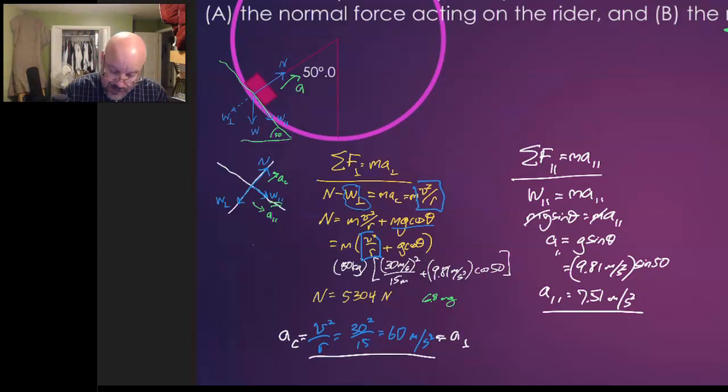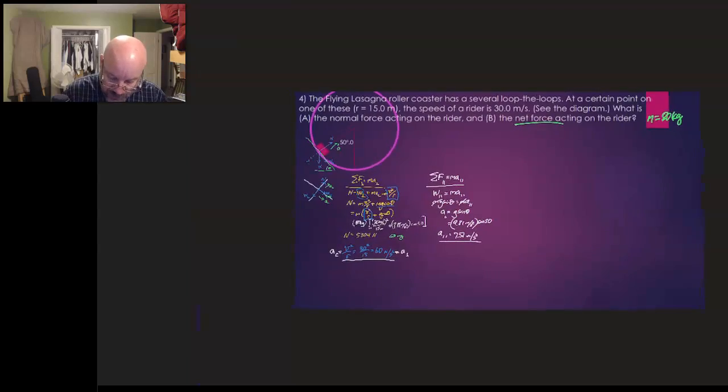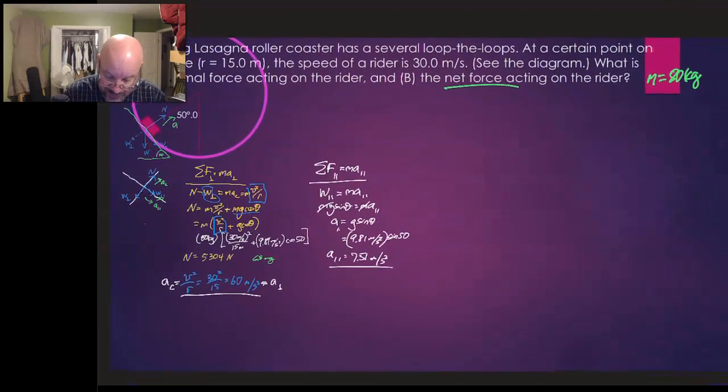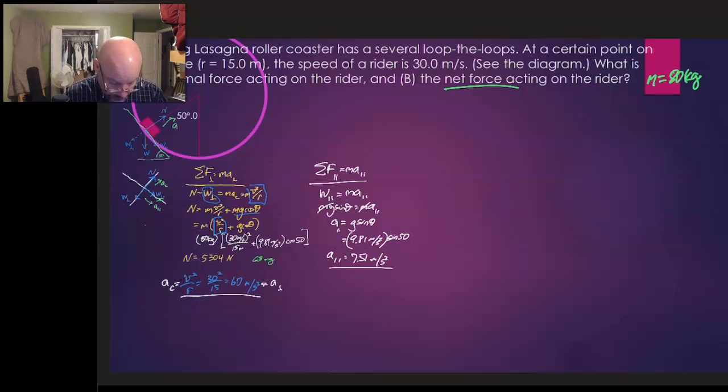We're interested in that because if we're going to get the net force, then the easiest way to do it is to say that the total net force is ma, where a is the net acceleration. So we're going to say this is m times the square root of a parallel squared plus a perpendicular squared, like so.